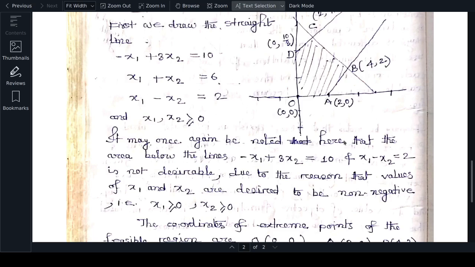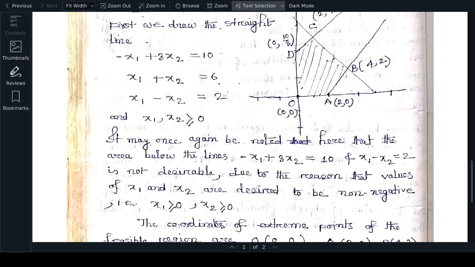So passing through the origin. When you get an equation like x1 minus x2 less than or equal to 2, or greater than or equal to 2, then immediately you write x1 equal to x2, and you will remember this is the equation of a straight line passing through the origin. Sometimes in your exam, in the graphical method, this equation is also given, and some students cannot make the equation: x1 equal to 0 gives x2 equal to 0, then x1 equal to 1, x2 equal to 1.